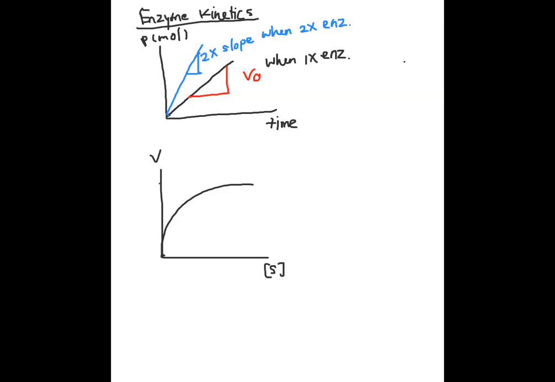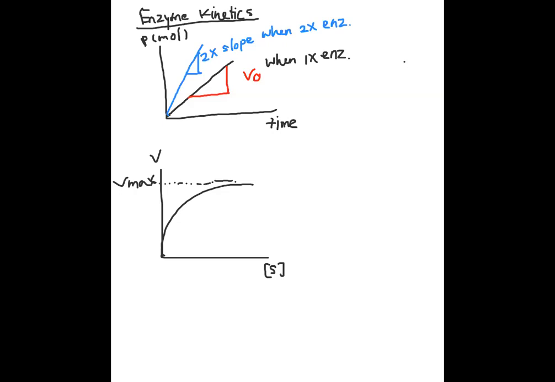This hyperbola graph would reach the maximum velocity. So this would be Vmax on this graph. This graph would tell you the value of Vmax, as you can see.